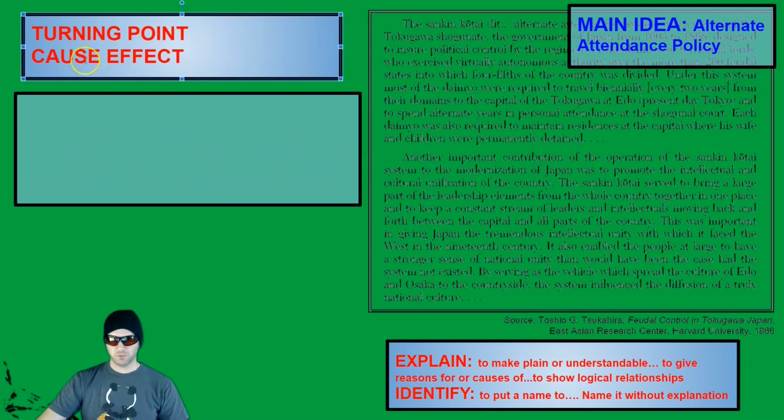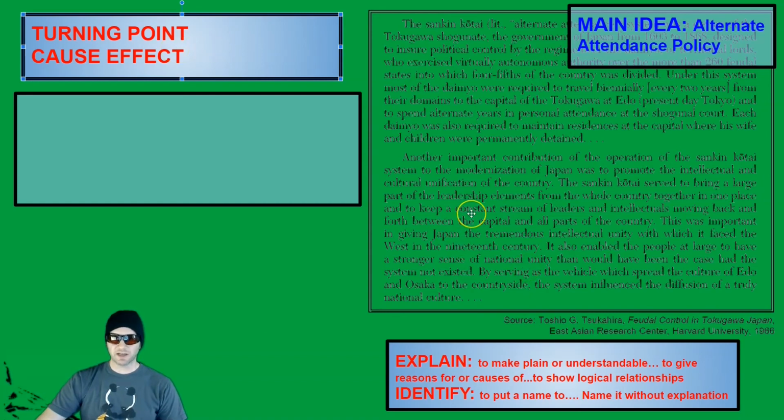So for turning point and cause and effect, I think we can't do a pretend document. It's too complicated. Turning point, I mean, unification of Japan is a huge turning point, where Japan was entirely unified. We see that because of the alternate attendance policy, but we need another document to show that too. So we're not going to go into that.